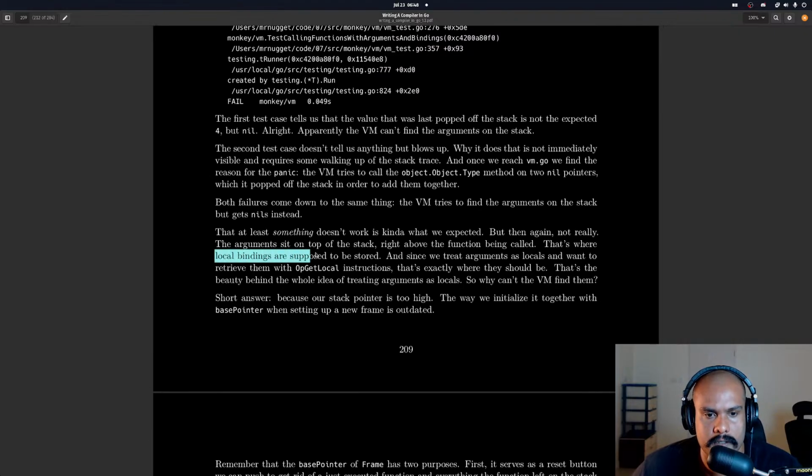That is where local bindings are supposed to be stored, and since we treat arguments as locals and want to retrieve them with get local instructions, that's exactly where they should be. That's the beauty behind the whole idea of treating arguments as locals. So why can't the VM find them?